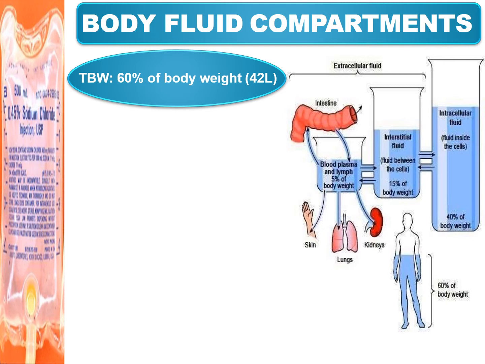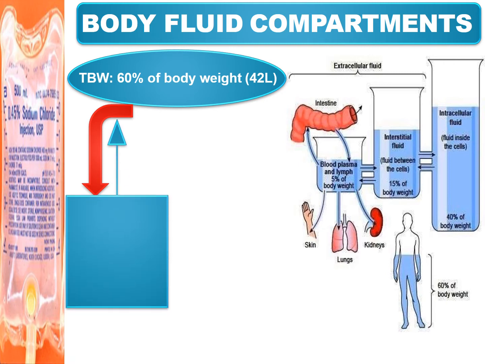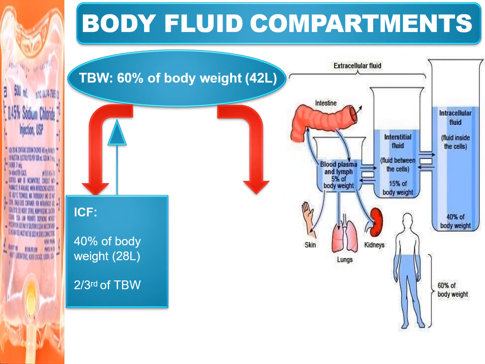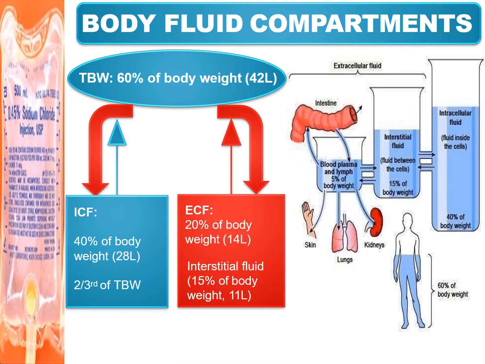So in a healthy adult, the total body weight constitutes 60% fluid. It is further divided mainly into two. The first one is the intracellular fluid. Intracellular fluid is 40% of body weight, that is 28 liters, or we can also say two-thirds of the total body fluid. Whereas the other is the extracellular fluid.